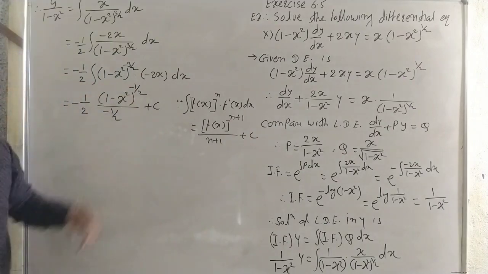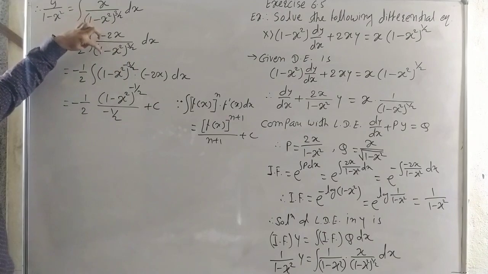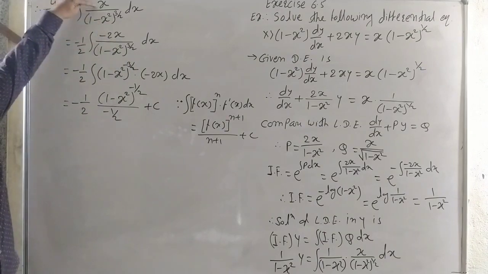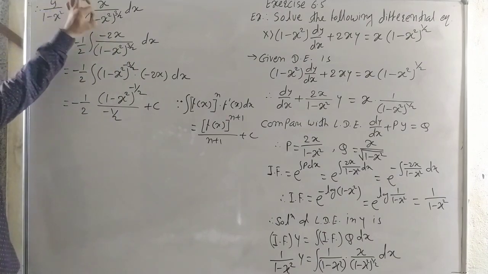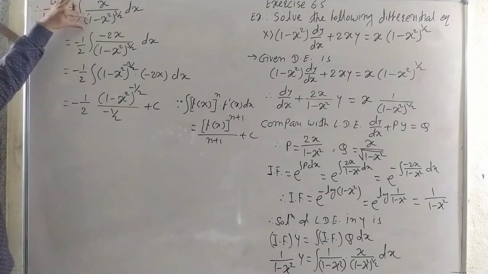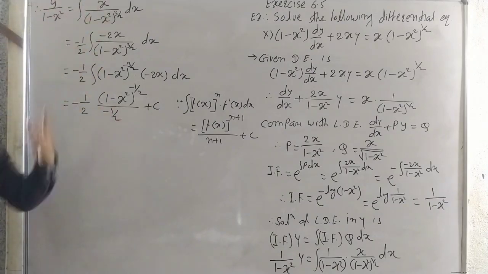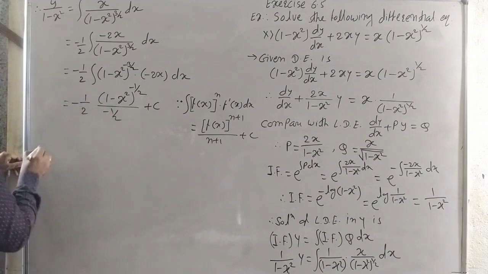Here we use this formula, or we can directly, without adjustment, put 1 minus x square is equal to t. The derivative of it is in the form of x, so put 1 minus x square is equal to t, and then by using the substitution we get the same answer. Now this 1 by 2 gets cancelled.